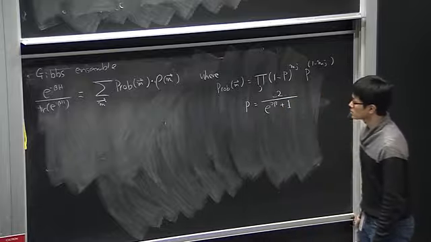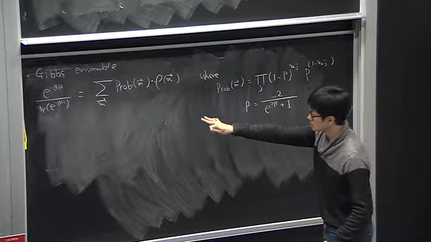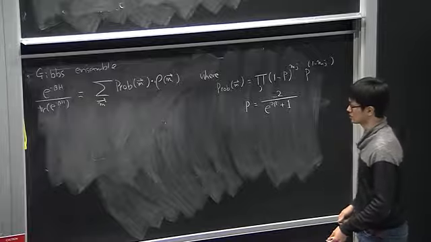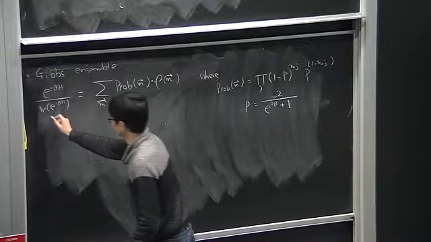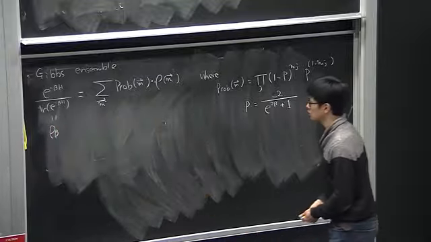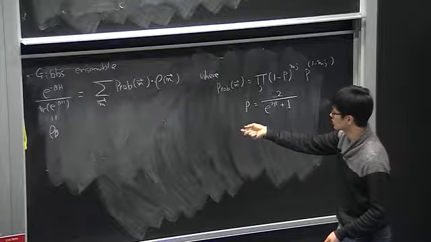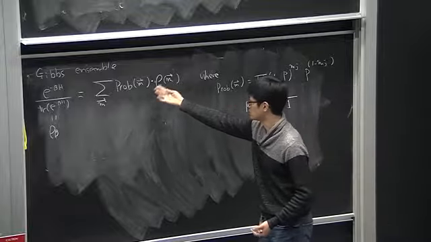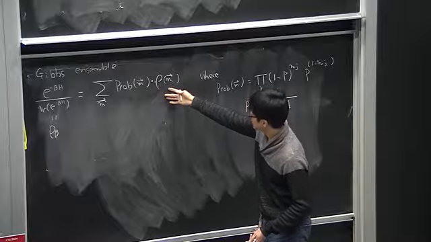Okay, so the left-hand side is a definition of the Gibbs ensemble. And we want to create it, and then it turns out that we can decompose it into the summation of this object. And what is this object?